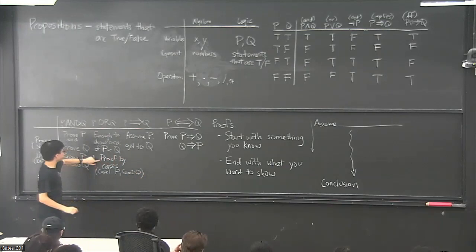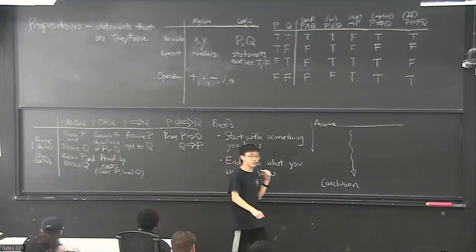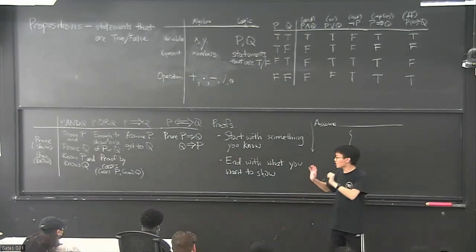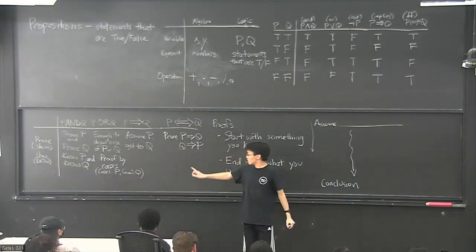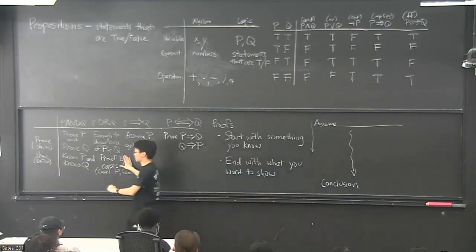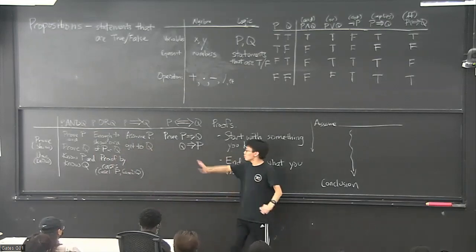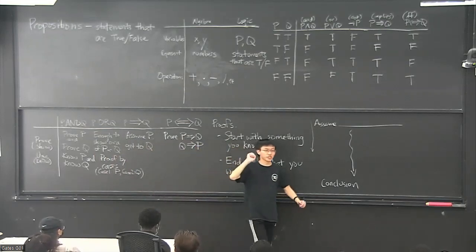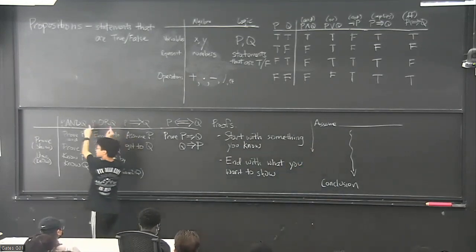In other words, if you only know P or Q is true, you probably want to use a proof by cases, saying, in the case where P is true, what do I know? In the case where Q is true, what do I know? In this P or Q section, you don't actually know. You can't conclude P is true, nor can you conclude that Q is true, because you only know that at least one of these two is true.